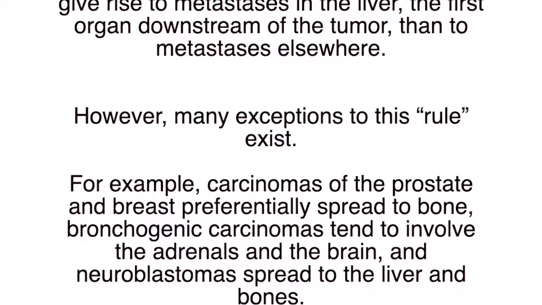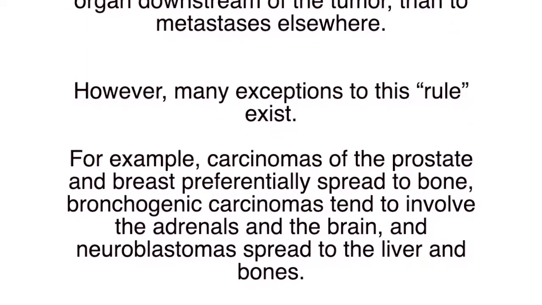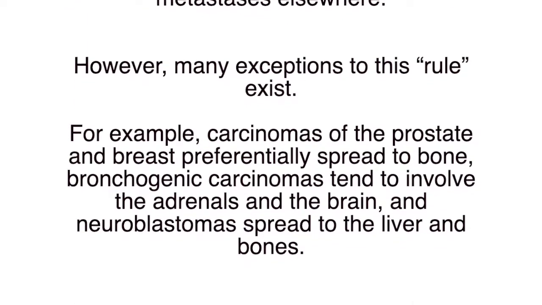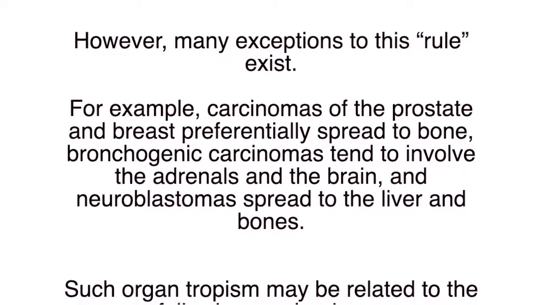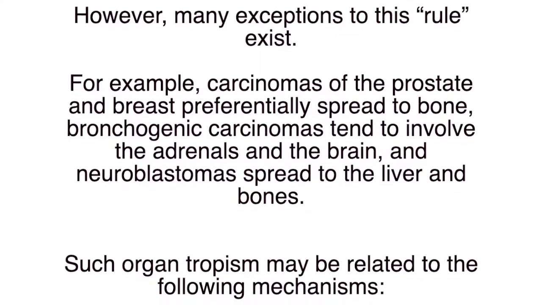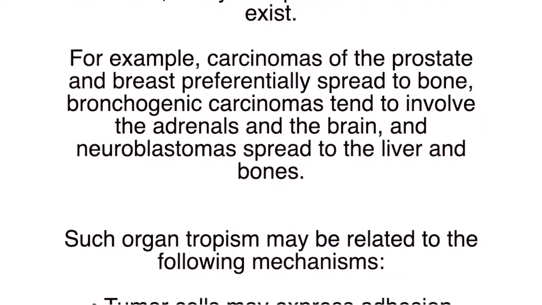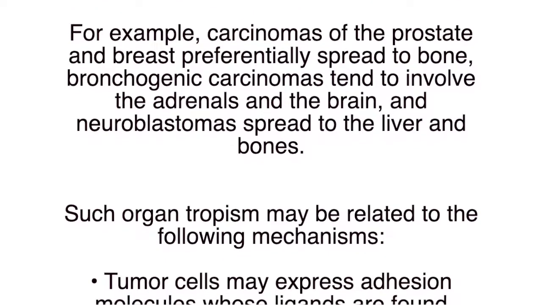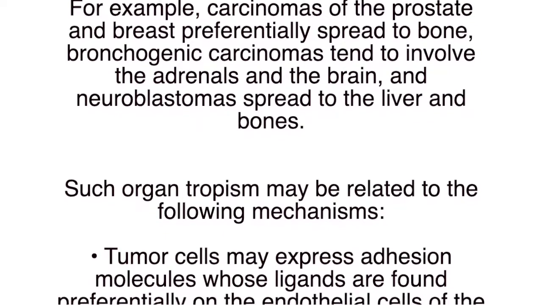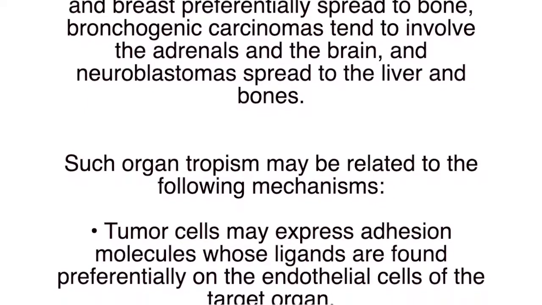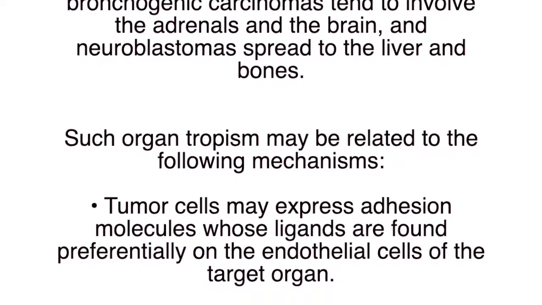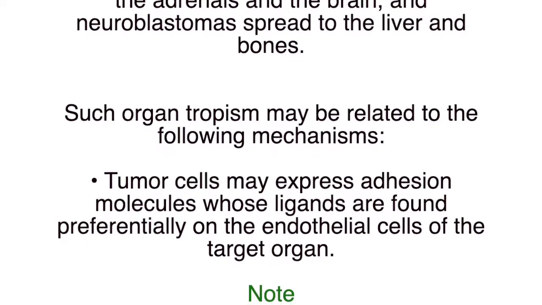For example, carcinomas of the prostate and breast preferentially spread to bone. Bronchogenic carcinomas tend to involve the adrenals and the brain, and neuroblastomas spread to the liver and bones. Such organ tropism may be related to the following mechanisms.